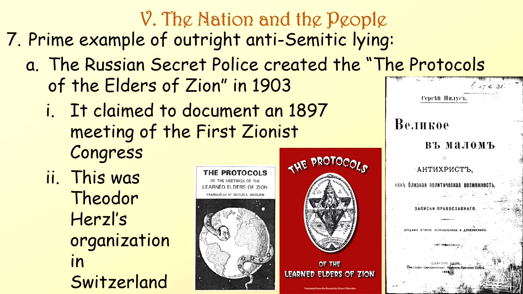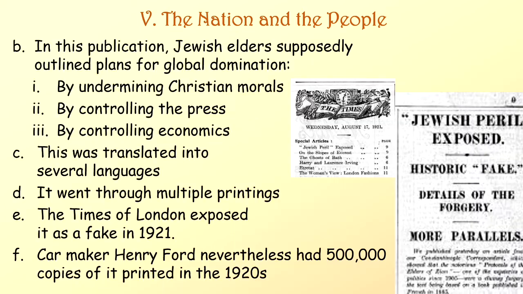A prime example of outright anti-Semitic lying: the Russian secret police created a work called The Protocols of the Elders of Zion in the year 1903. And it claimed to document an 1897 meeting of the First Zionist Congress. This was Theodor Herzl's organization in Switzerland.